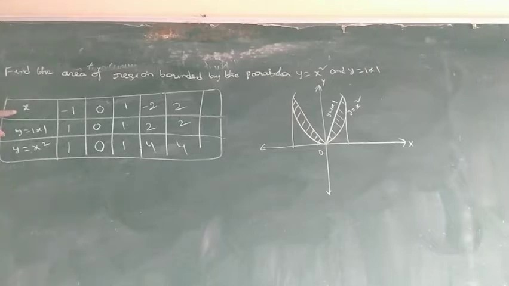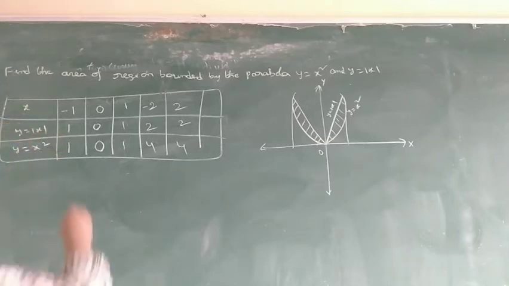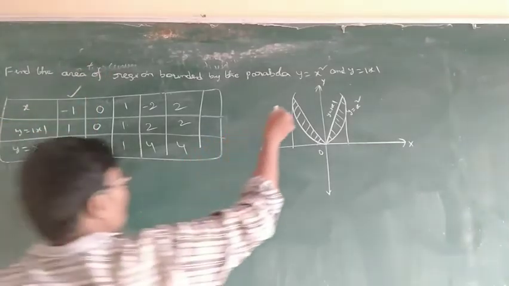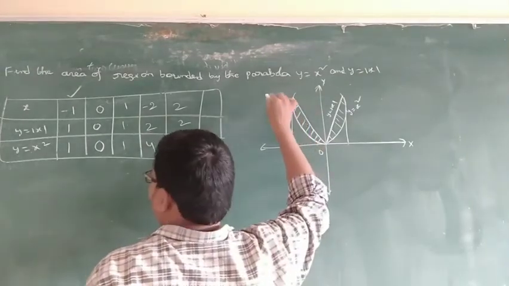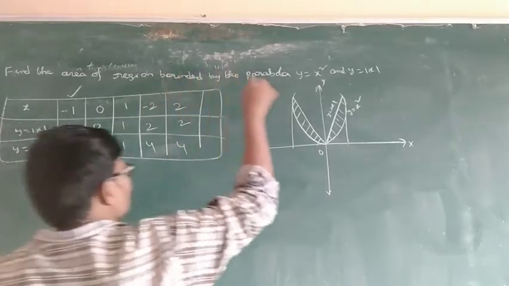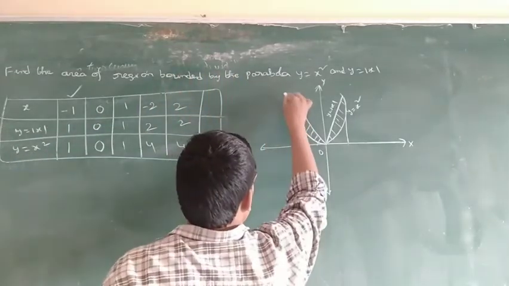So the x values where both curves are equal are at minus 1. At minus 1 both curves have the same values. This is the point minus 1 comma 1.